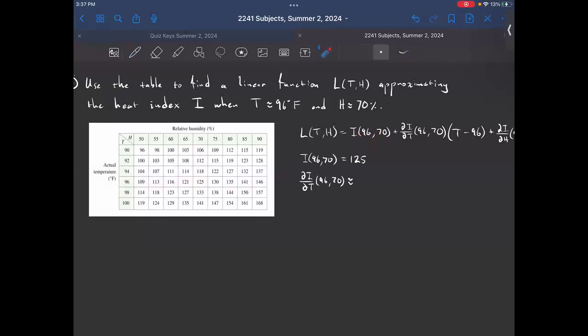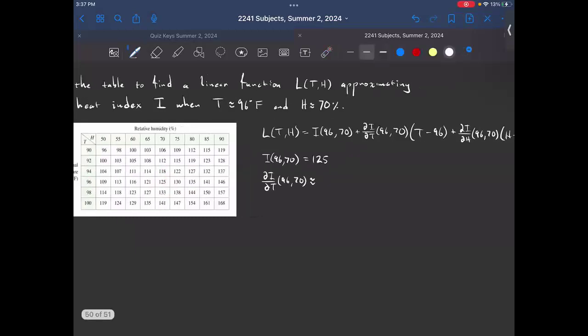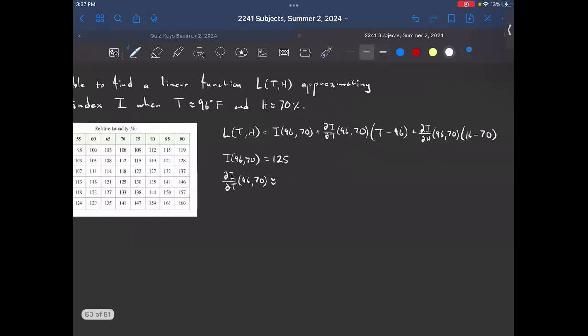Well, what we can do is use nearby values to approximate the change that's happening there. So I have a change of 2 in either direction here. And what is the change in temperature at this humidity? Well, it's 5 and 2 is 7 in the backwards direction and 8 in the forwards direction. So we have 2 different approximations here.